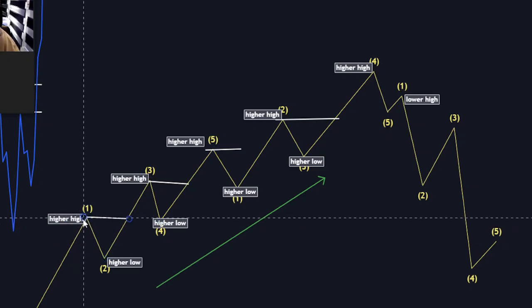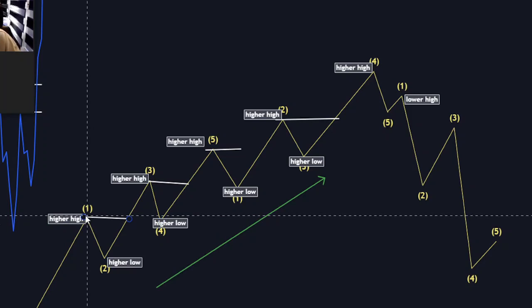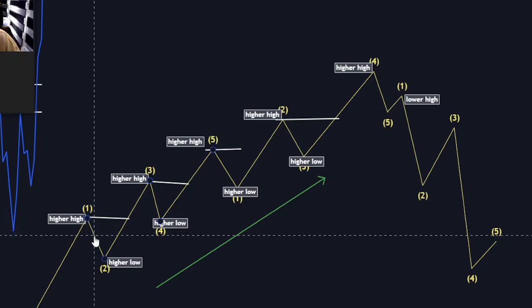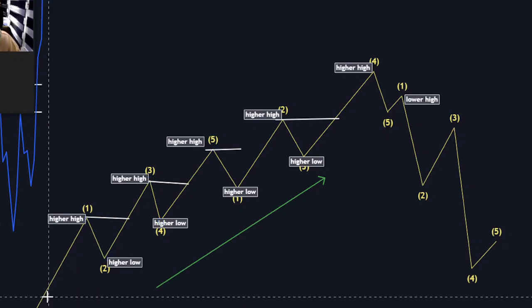Some will be scared, some will say, man, it has gone up a little bit, I want to take my profit. So when those investors that bought here are taking profit around this place, the market will start correcting, it will start pulling back.